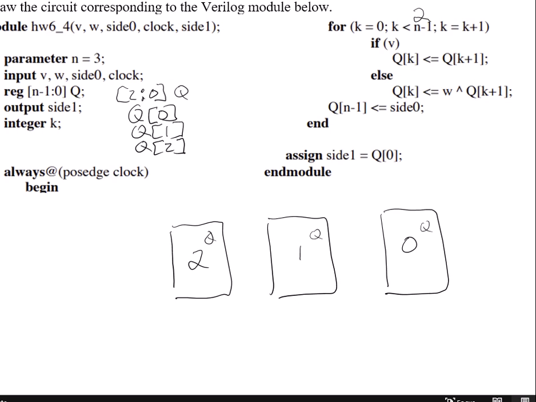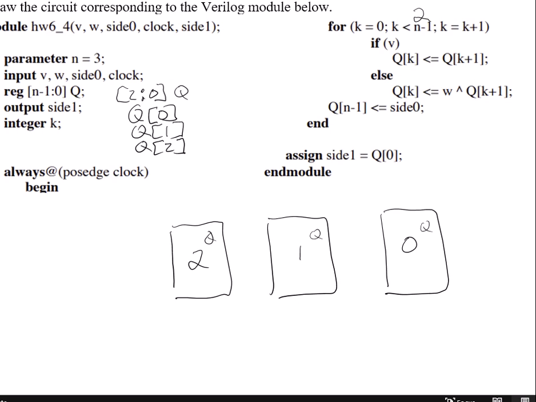Okay, so it says if V, then we're starting this as a for loop, so we're starting with k equals 0. So if V is 1, then Q of 0 becomes Q of 1.